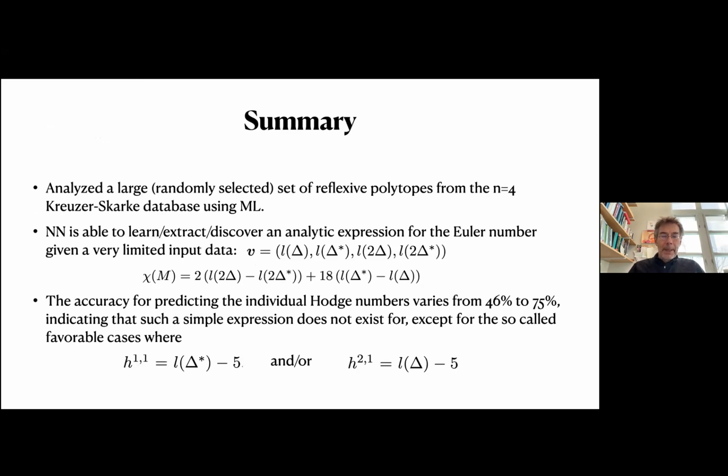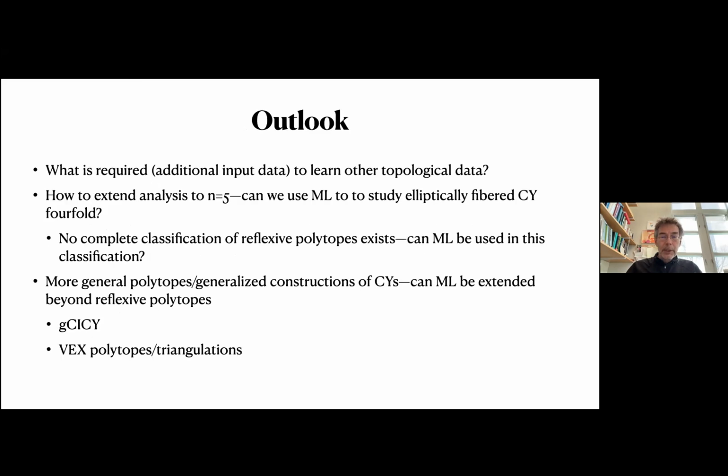So I'm essentially out of time. What we've been able to do is find this beautiful result that expresses the Euler number, inspired by machine learning, in terms of this very basic set of data from a particular reflexive polytope and its polar or dual. I'm going to skip this comment about computing H11 and H21.